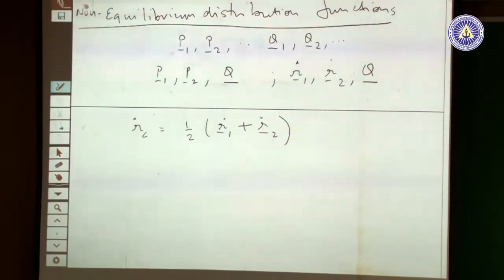Now, we are going to talk about a general non-equilibrium distribution function f, which is a function of the velocity of the first bead, of the second bead, of the connector vector q and time.